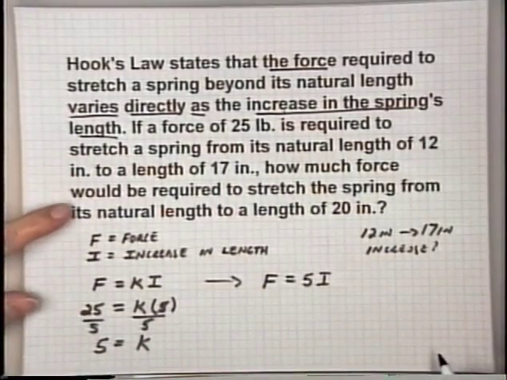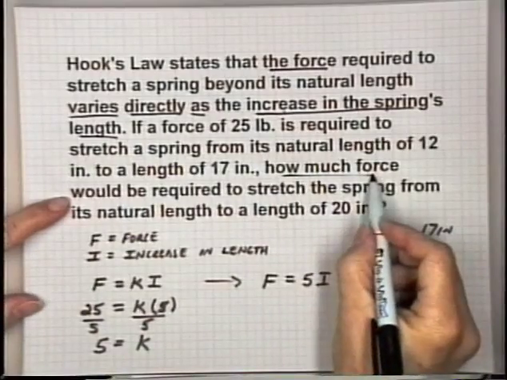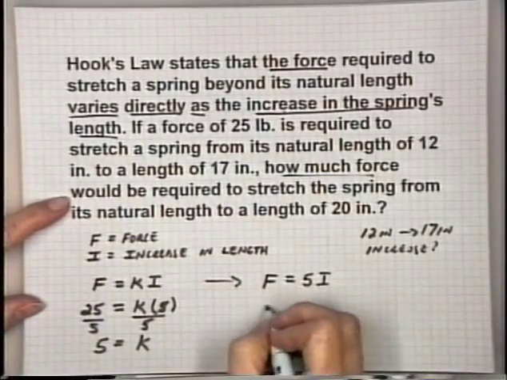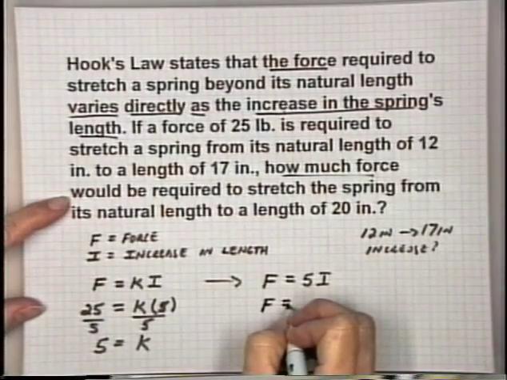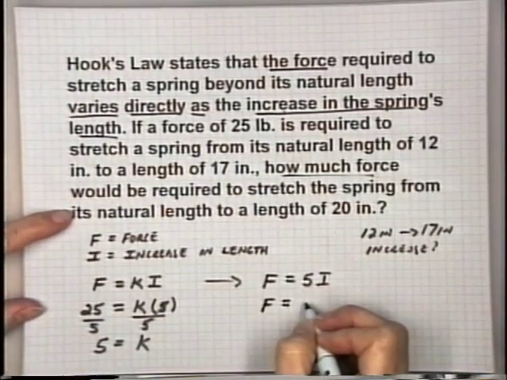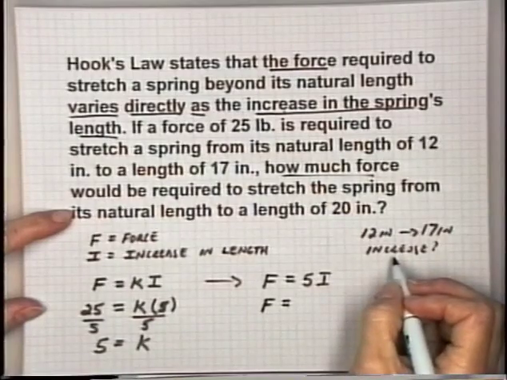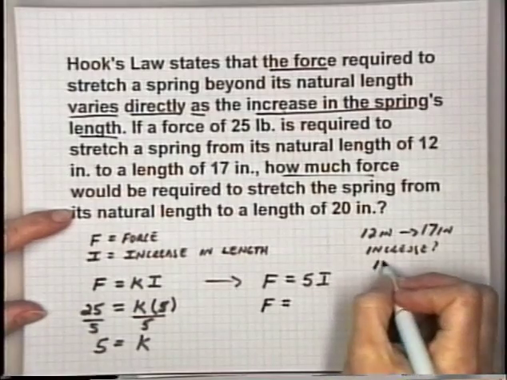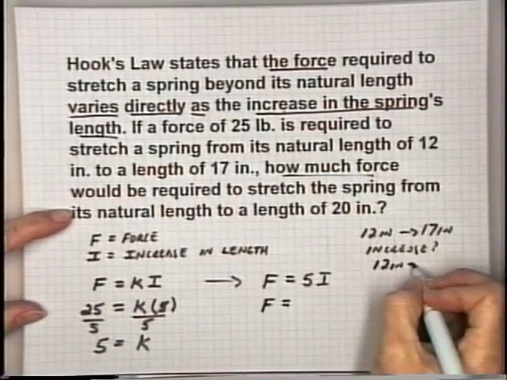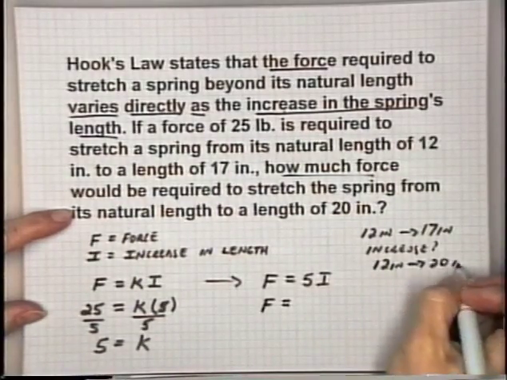Now, let's see if we can answer the question. How much force? So we're trying to find what? F. How much force would be required to stretch the spring from its natural length to a length of 20 inches? Well, remember, its natural length was 12 inches. We want to stretch that to 20 inches.